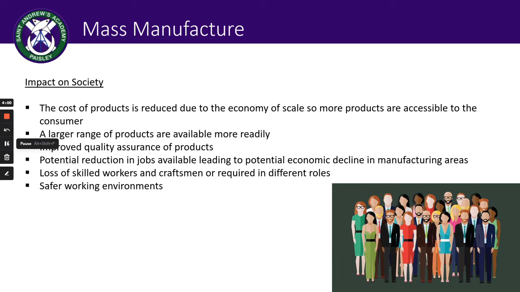But we have to consider, if there's no jobs available, how can we keep these skills alive? How can we make people train, or do we need people to train in these jobs if the roles aren't available? And the final impact on society is that it does offer safer working environments, as the whole automated process means that people don't have to use heavy equipment and machinery as much as they might have had to in the past.